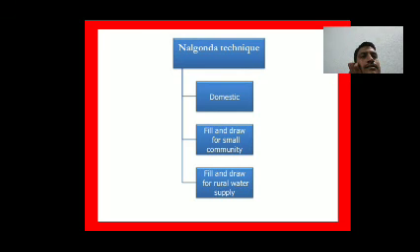This Nalgonda technique is widely used for domestic purposes, a very cheap process with low cost components. Fill and draw for small communities. Fill and draw for rural water supplies is used in this technique.